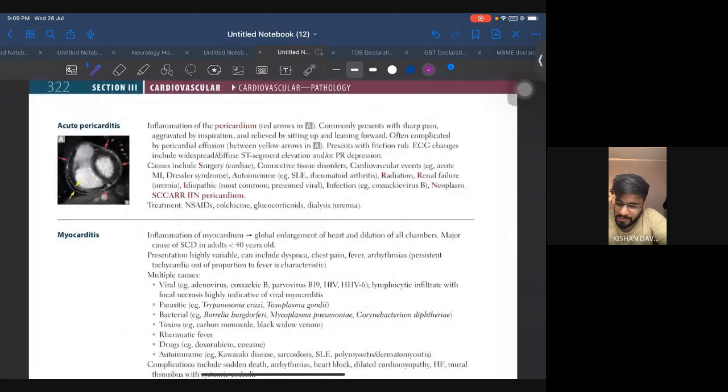Okay. Now one thing, inflammation of the pericardium, we know. Now this is very important.